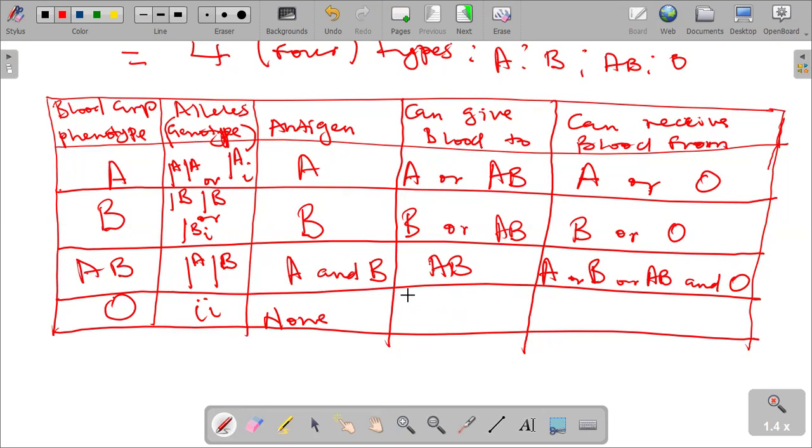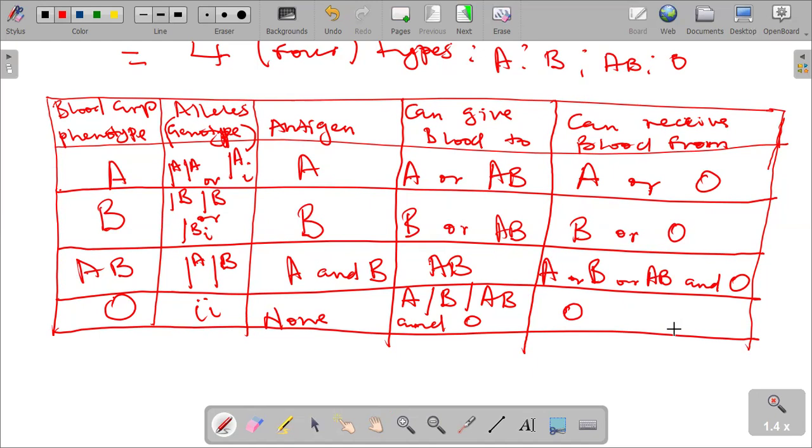You can give blood to people with blood A, to people with blood B, to people with AB, and also to O. And then this person can only receive blood from people who are blood O. As you can see, the condition is that the individual must only receive blood which can mix without causing any clumps in the body.